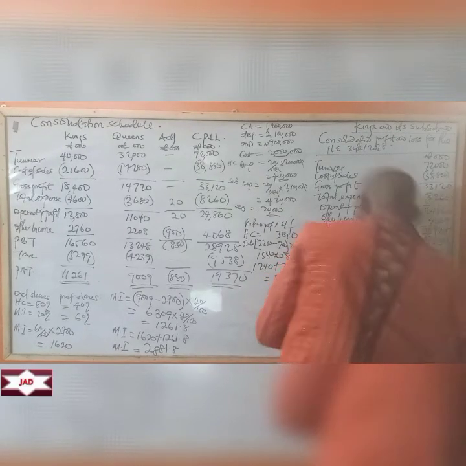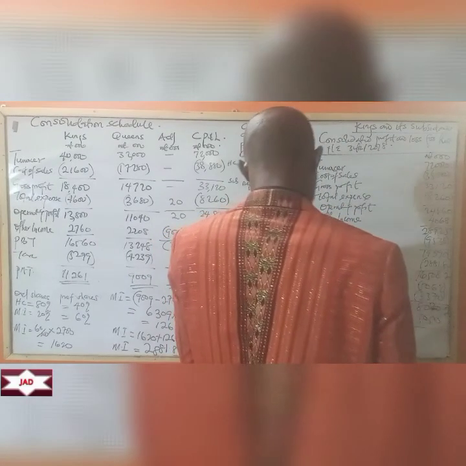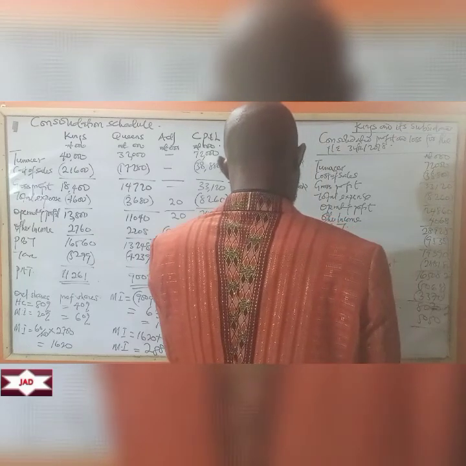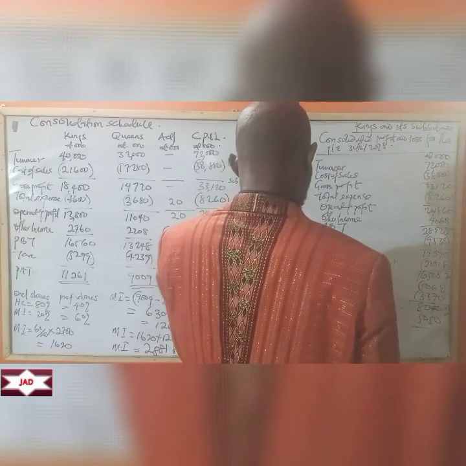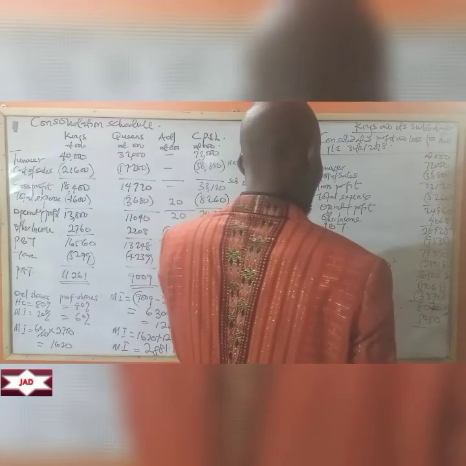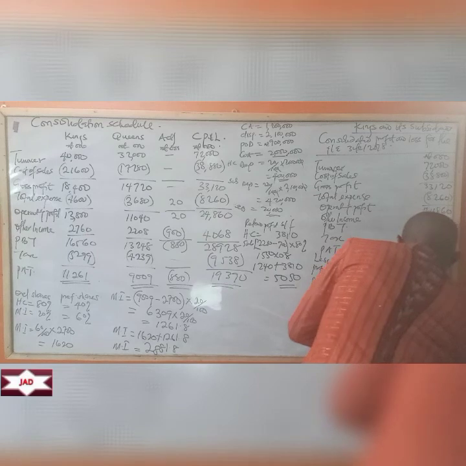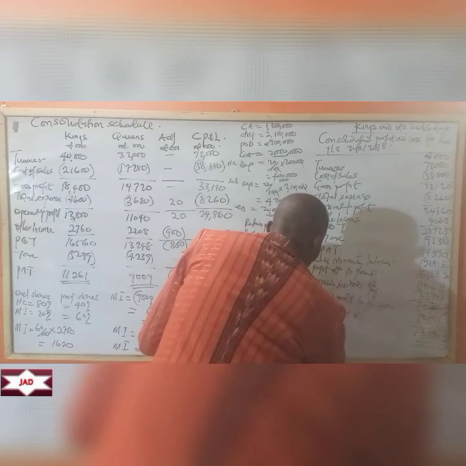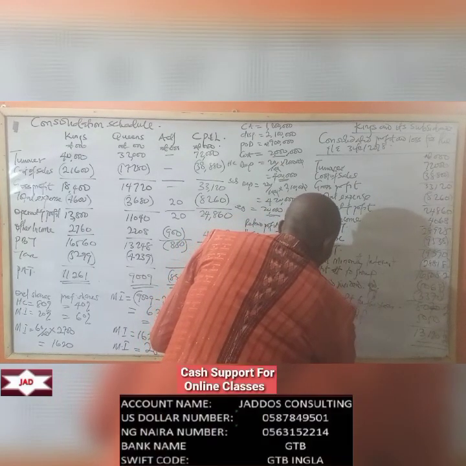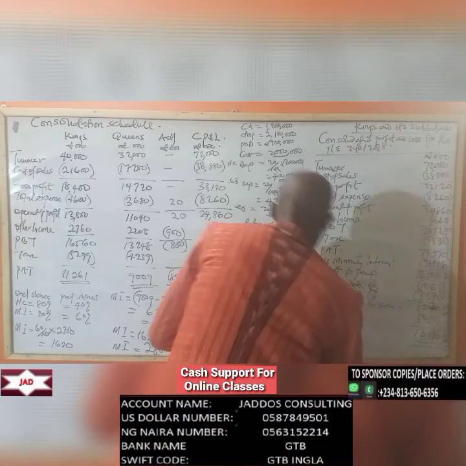So we add up 8,070.2 plus 5,050 will now be 13,120.2. So this is what retained profits carried forward.